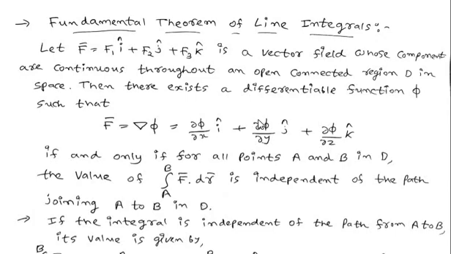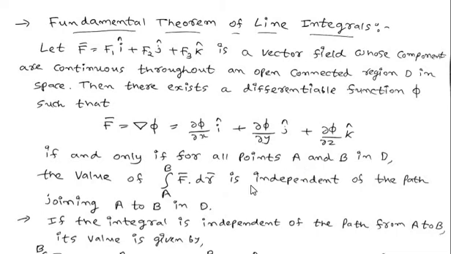When we have curl equals 0. If the curl equals 0, we have f bar equals nabla phi, and from that you will be in a position to find a scalar potential function phi. And if the curl of f bar is 0, then this line integral, that is the integration from A to B of f bar dot dr bar, is independent of the path joining A to B in the given domain D. This is the fundamental theorem of line integral.